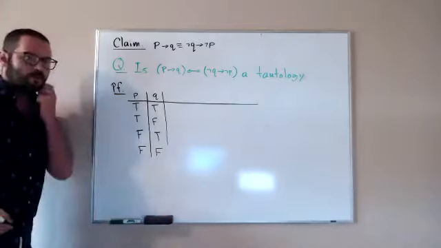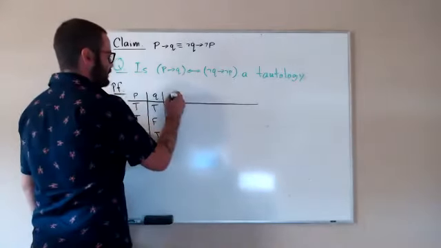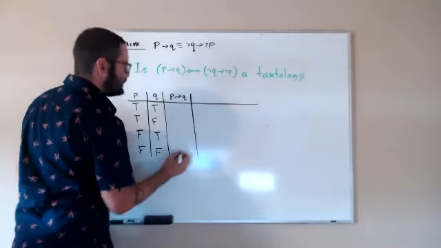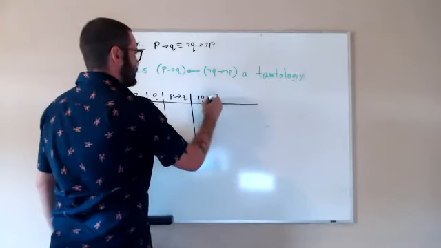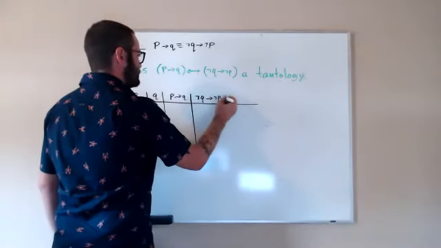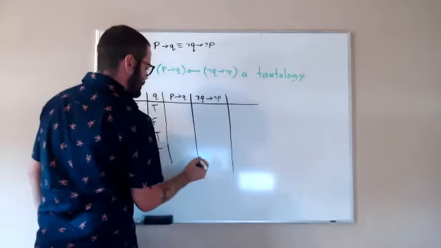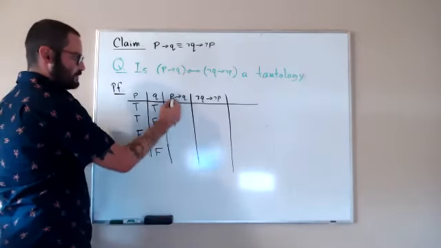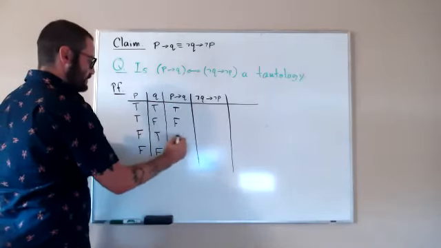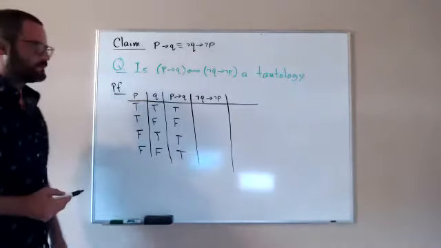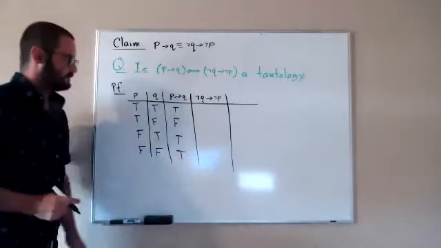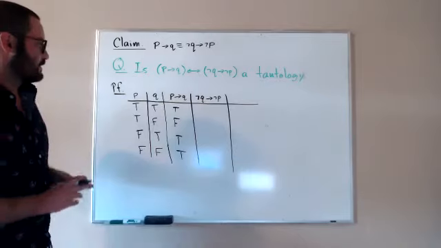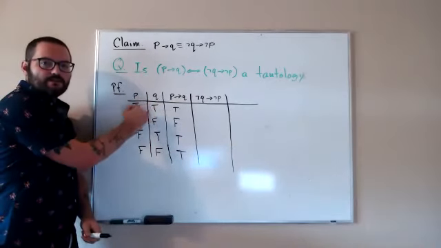All right, so we have if P then Q, and then we also have not Q implies not P. So we can fill this one out. There's only one case where the conditional is false. All other cases are true. Then we can take a moment to look at this. We have the negation of Q implies the negation of P. So it's like saying not this implies not this.